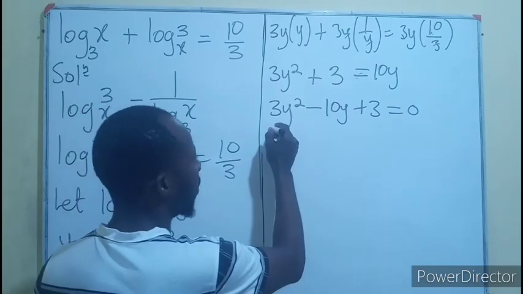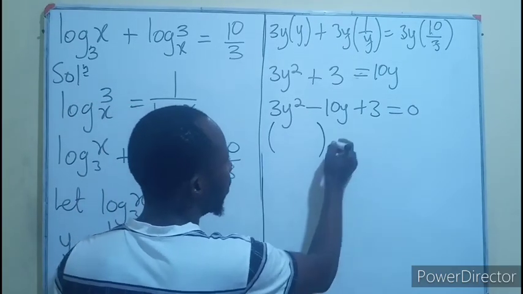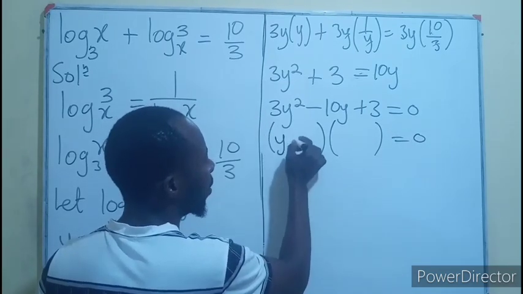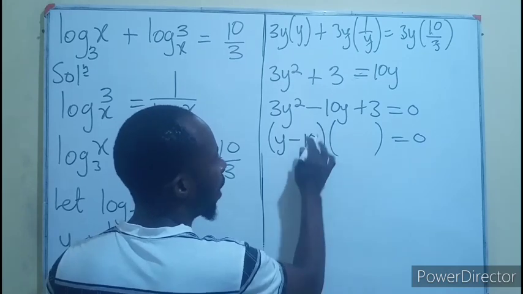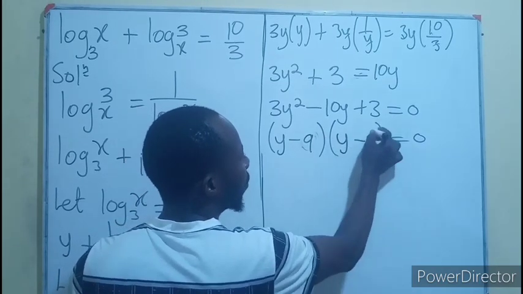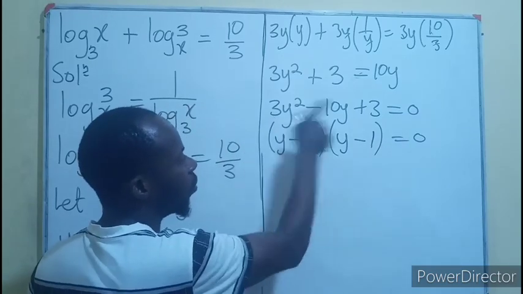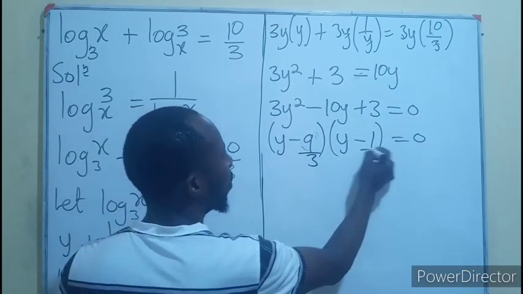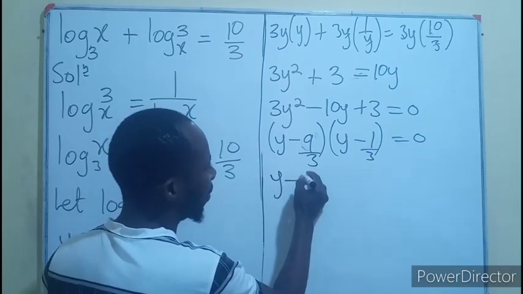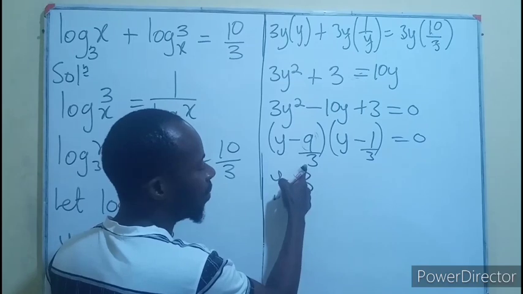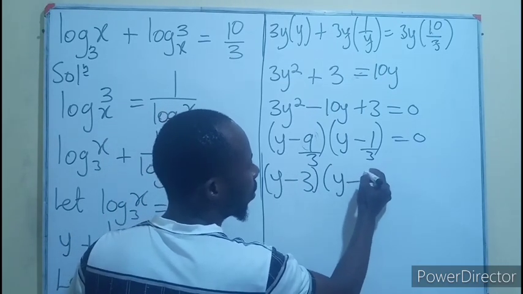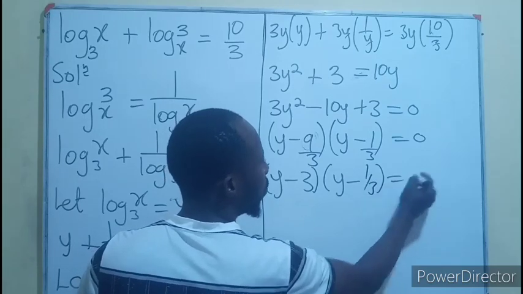So this is going to be in two brackets: y minus 9 and y minus 1. But because we used the 3 to multiply, we divide by 3. So y minus 9 over 3 gives y minus 3, then y minus 1 over 3 equals 0.